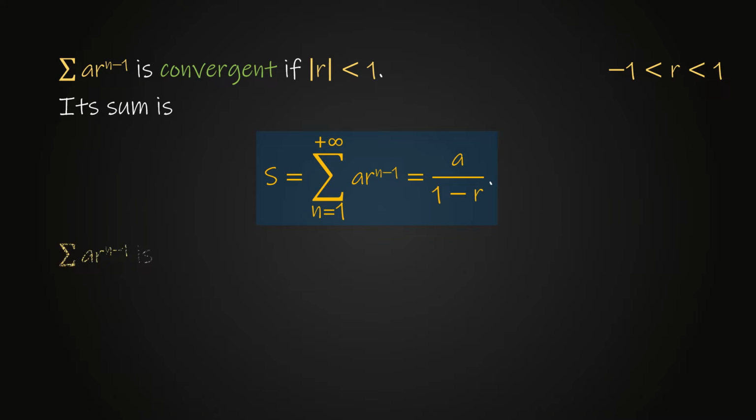Meanwhile, the geometric series is divergent if the absolute value of r is greater than or equal to 1. That is, if r is less than or equal to -1 or r is greater than or equal to 1, the series diverges. The sum of a divergent series does not exist.